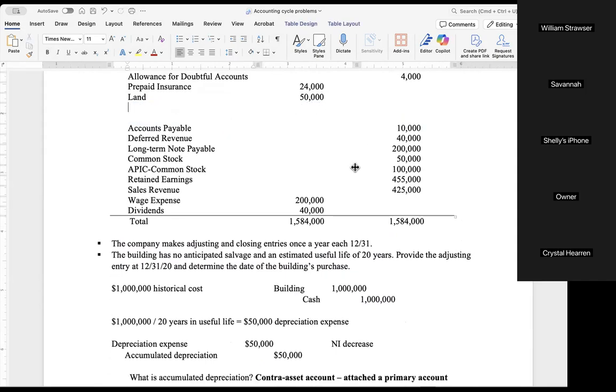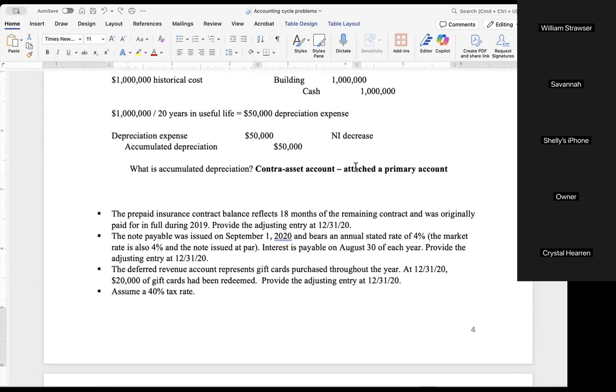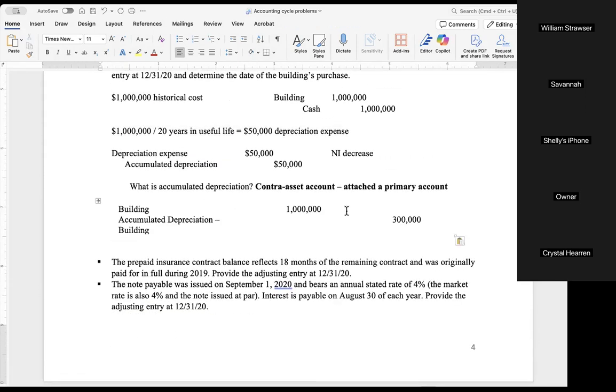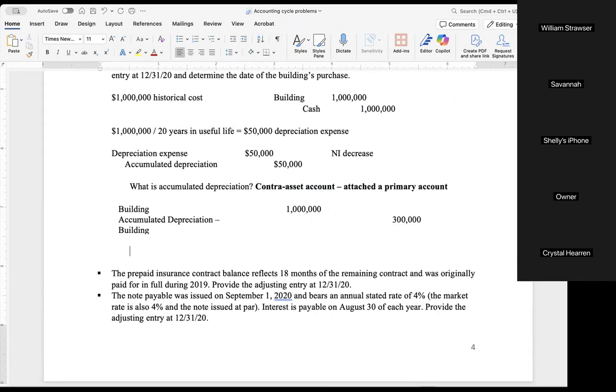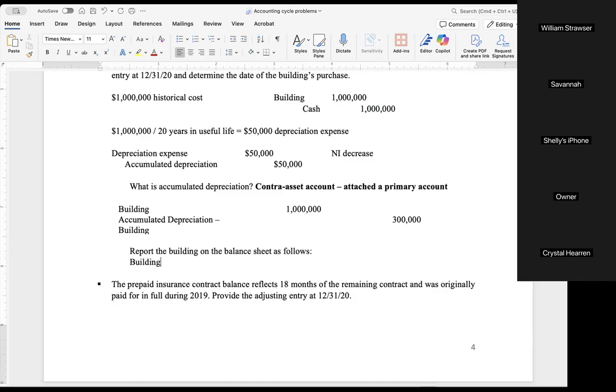And so when we see this presentation, I have two ledgers in my book of ledgers. I have a building account and I have an accumulated depreciation account. That's the asset and contra asset. All this means is that when I go to report the building on the balance sheet, I will report the building net of the accumulated depreciation account.